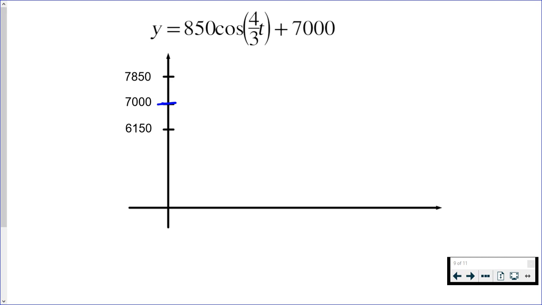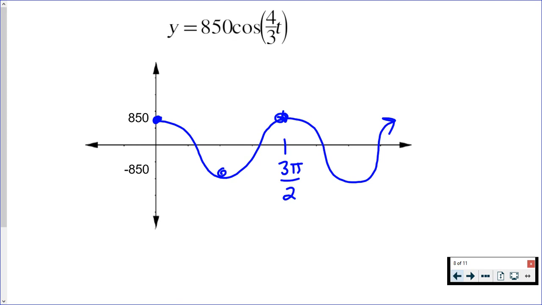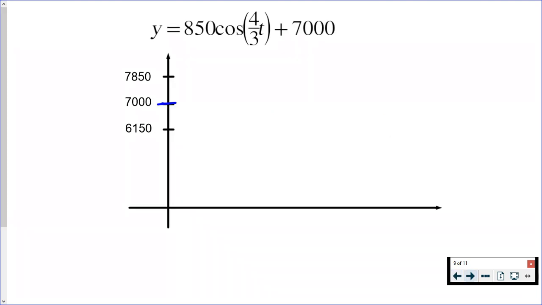So the x-axis used to be the center. Shifting that up brings us to 7,000. I'm going to do the same thing with 850 and negative 850. Adding 7,000 to both of those numbers would bring me up to 7,850, and the graph will go down to 6,150.